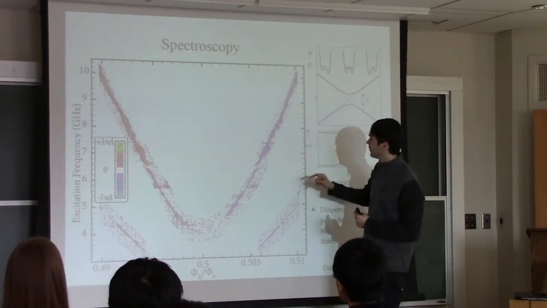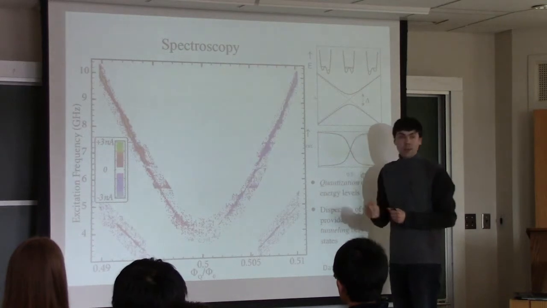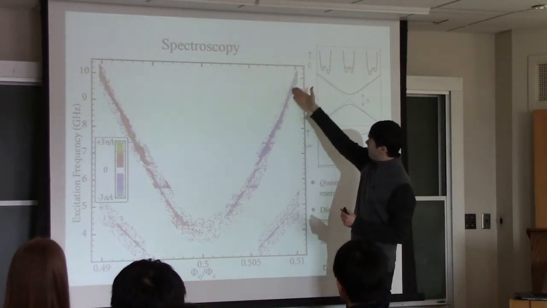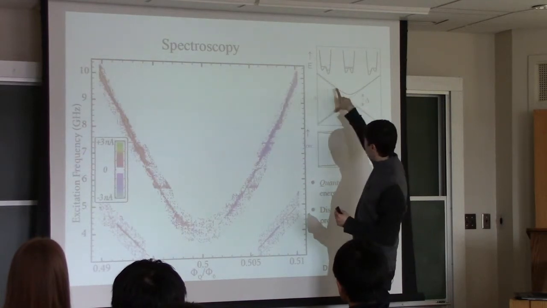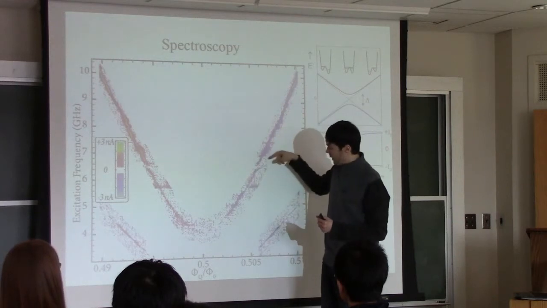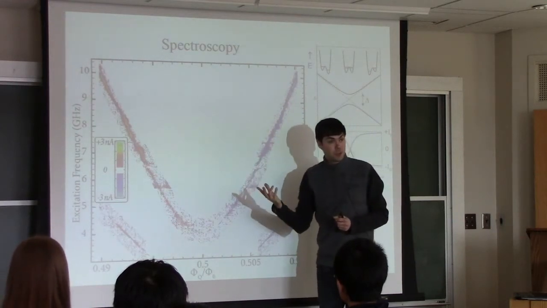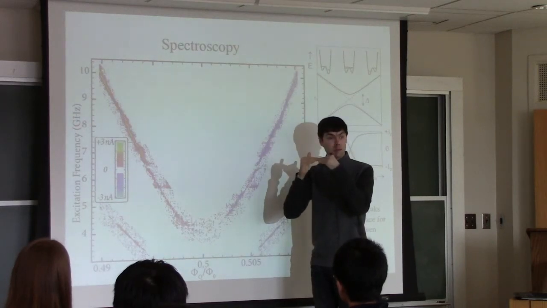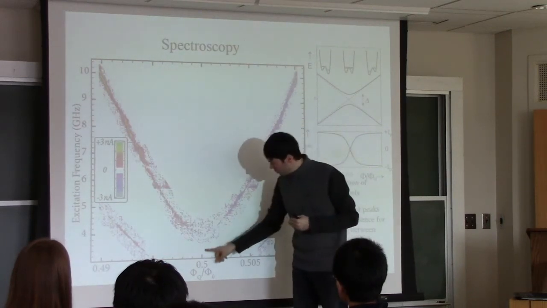So the remarkable thing about this data is that the energy level drops, the energy difference goes down, but here at the symmetry point, in a classical circuit, the energy levels should become equal. So this point should just go to 0.